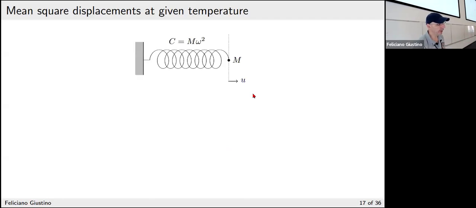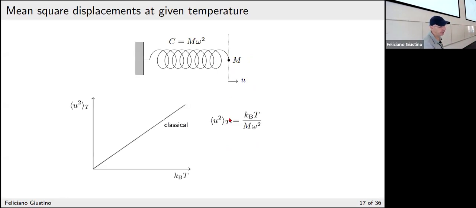That's equivalent to studying basically what is the mean-square displacement of a mass attached to a spring. Physically it is exactly the same problem. And to do that, we could use, for example, the equipartition theorem, which tells us that the energy of each oscillator has to be proportional to kT, where k is the Boltzmann constant. And that allows us to say that the mean square displacement is basically a line in the temperature. So if you try to plot that, you have the square displacement proportional to temperature.